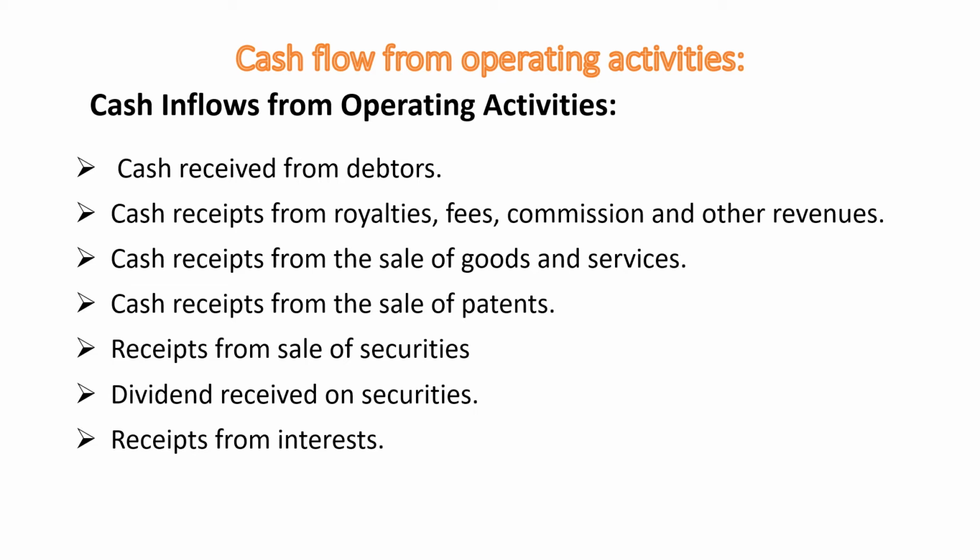Cash received from debtors, cash received from royalty, fee, commission and other revenues, cash received from sale of goods and rendering services, cash receipts from the sale of intangible assets such as patent, trademark, copyright, etc. Cash received from sale of securities such as equity shares, preference shares and debentures.